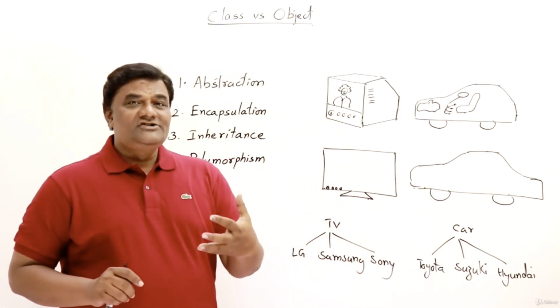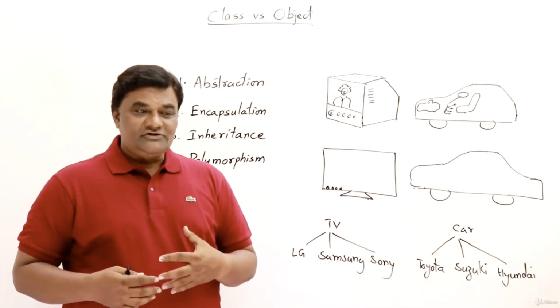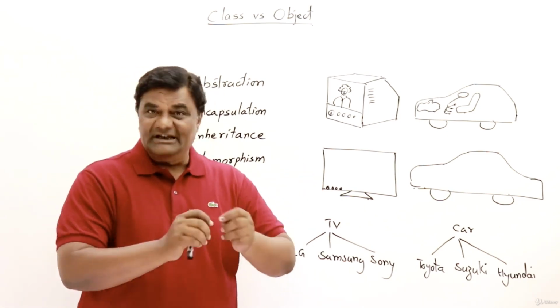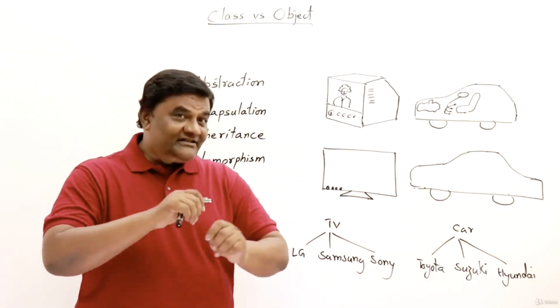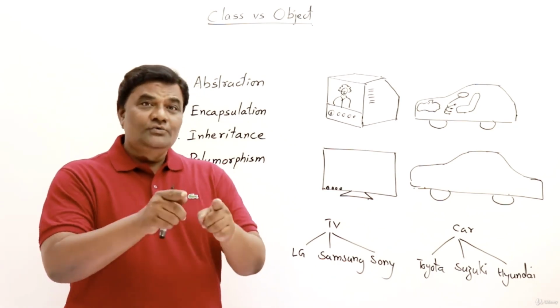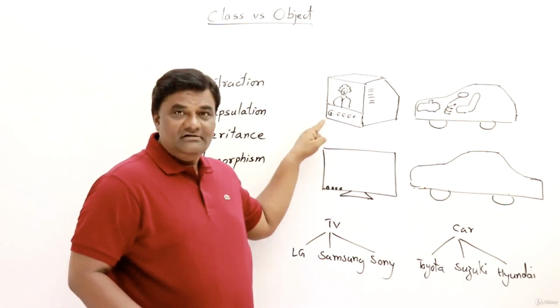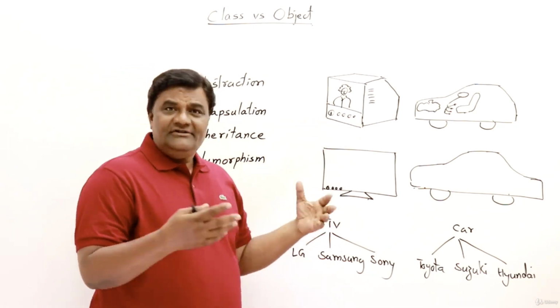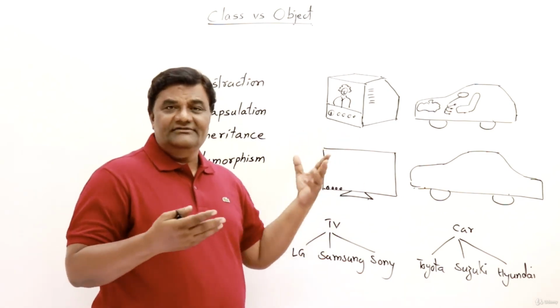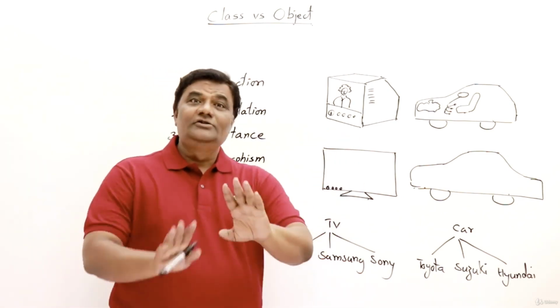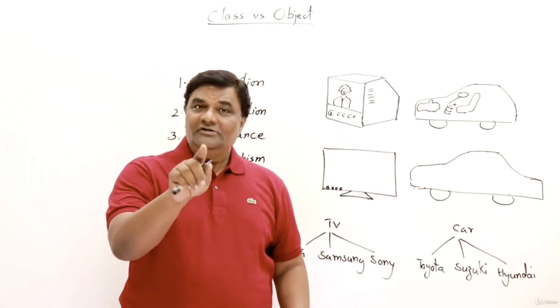You want the television to work according to you, so you don't have to open the box and play with the wires or circuitry inside, but you use only these buttons. You press this button, it will switch on. Press it again, it will switch off. How it is happening, you don't worry about that. What you want, you do.